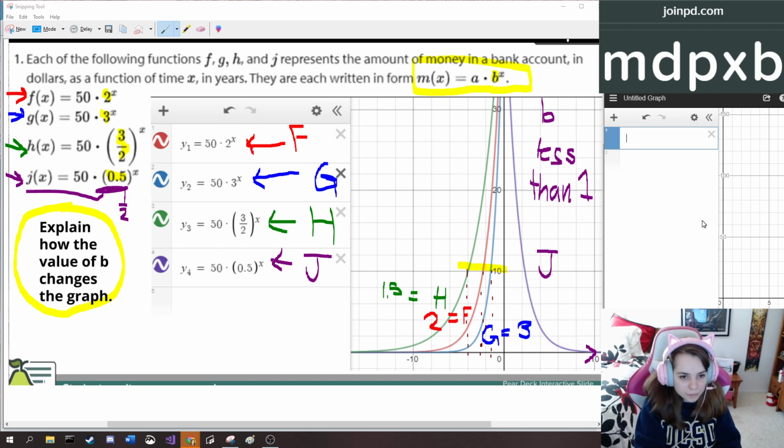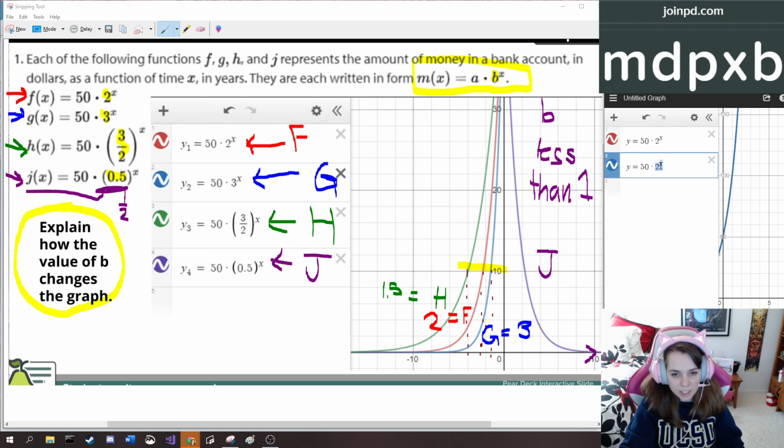So if we take a look here, if I take this function and I change this to 3, and then I change this one to 1.5.